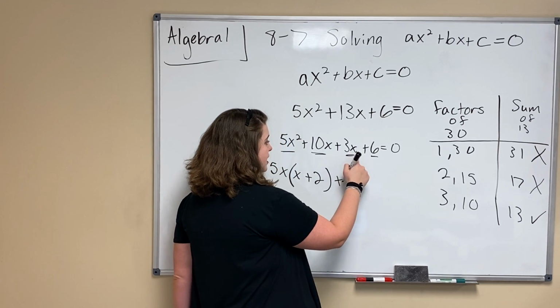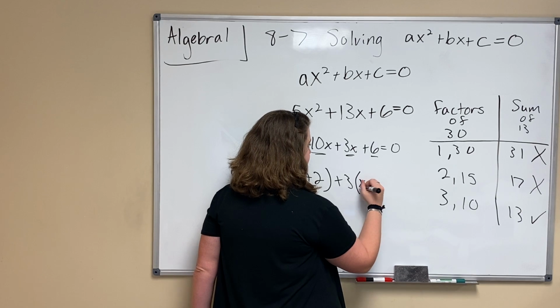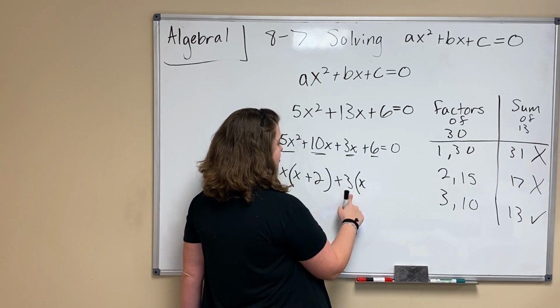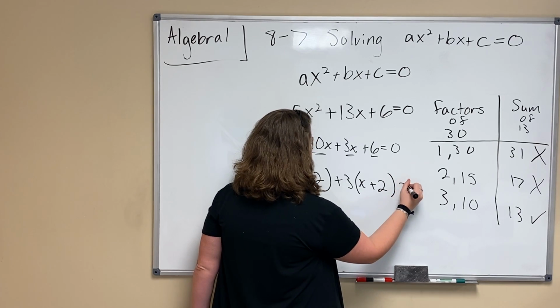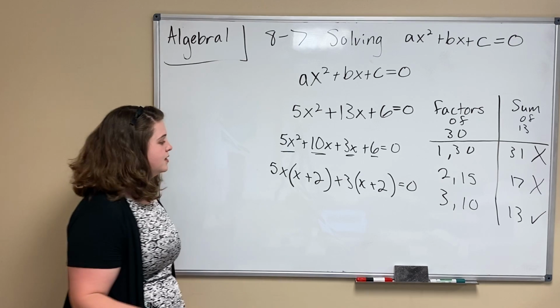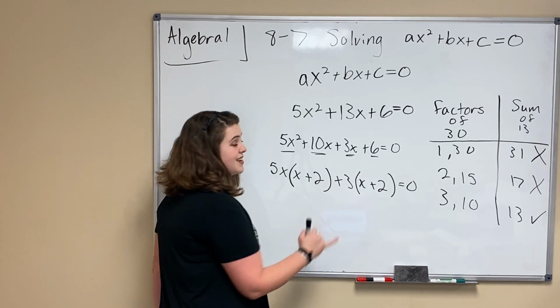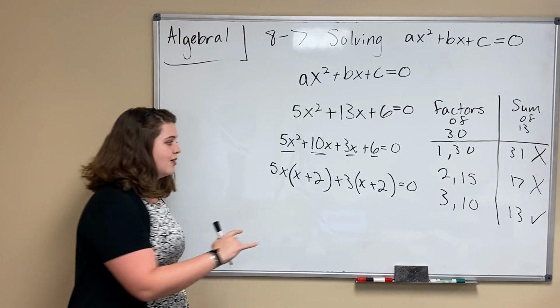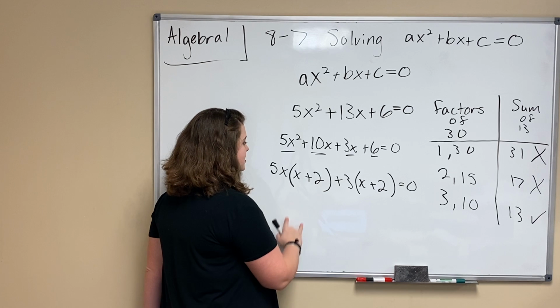And 3x divided by 3 is going to give me just x left over, and 6 divided by 3 is going to give me 2. Okay, now you'll notice that what we have inside of our parentheses on both terms is the same. So we're good to go ahead and use that backwards distributive property like we talked about, where we pull these together.